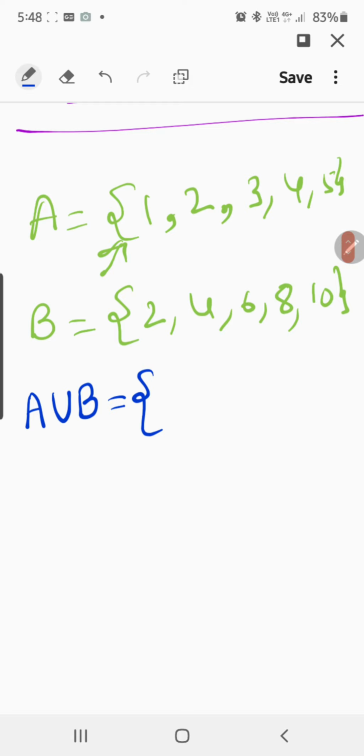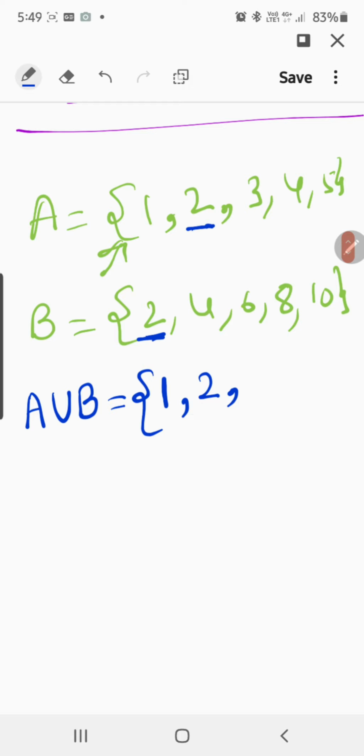We will start with it. First, 1 is an element of A, so you write it. Now we have element 2. This element 2 belongs to both A as well as B, but when you do the union operation, you write it just once. So 1, 2, you don't need to put 2, 2 here.